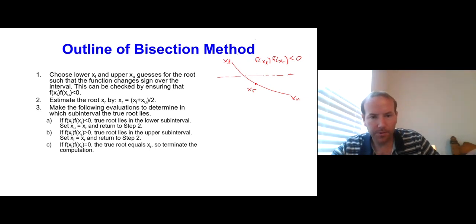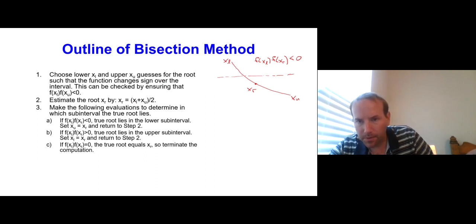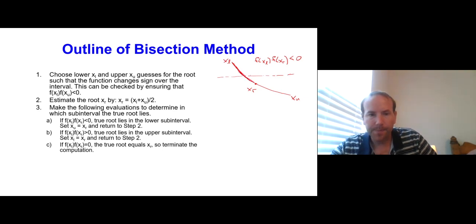And so if that's true, then that means that the true solution is in this upper interval. Okay, and so we're going to then reassign XR to be XU, our new upper interval, and then we'll repeat this process.